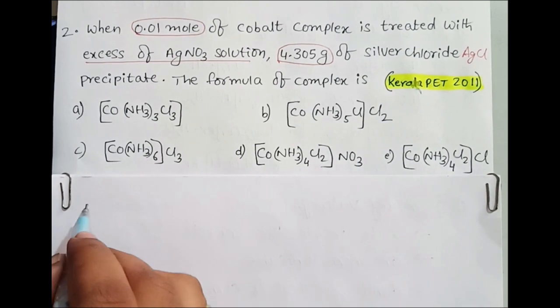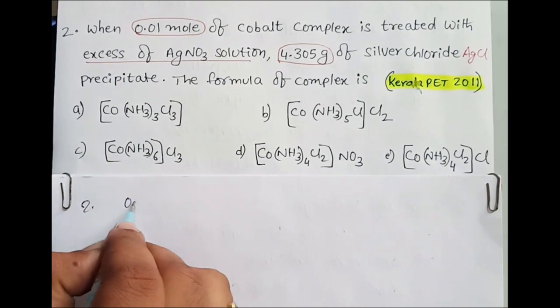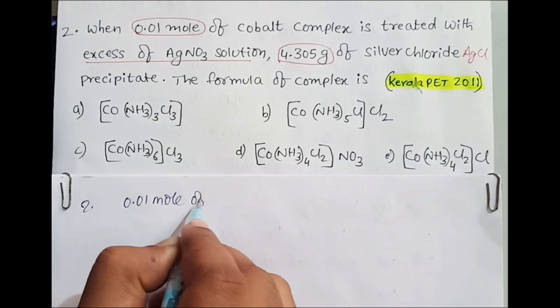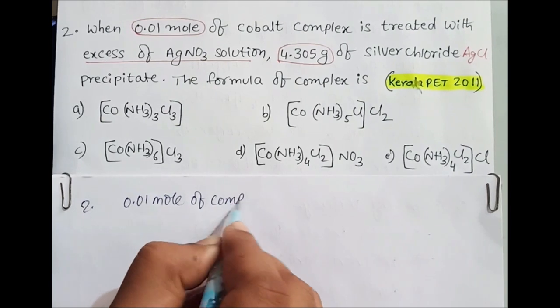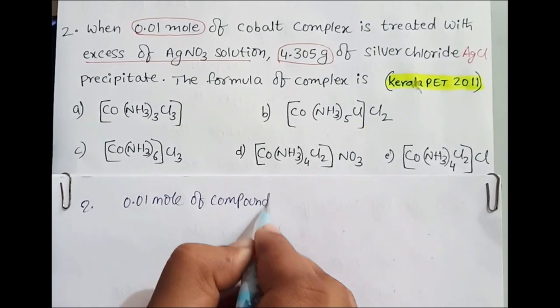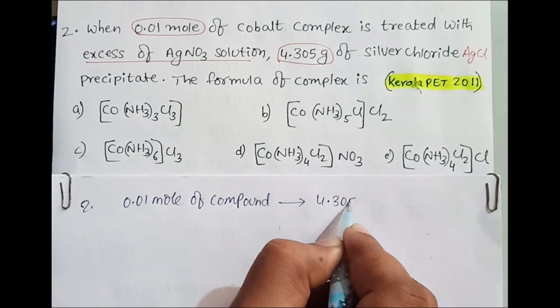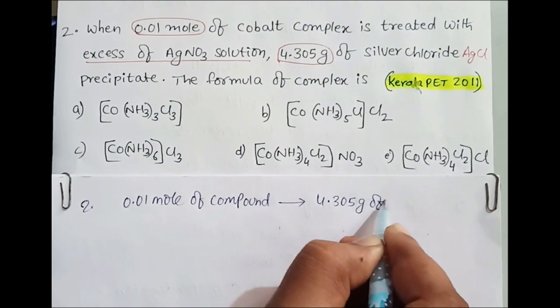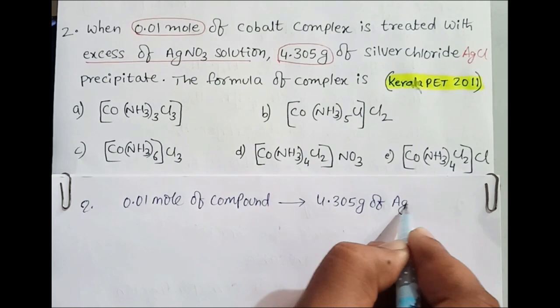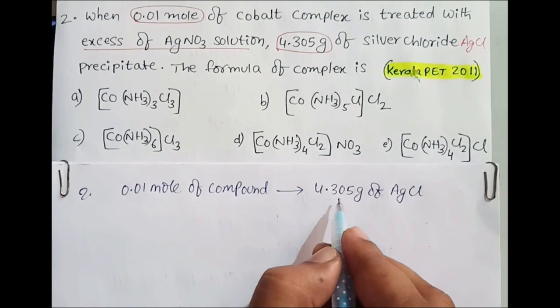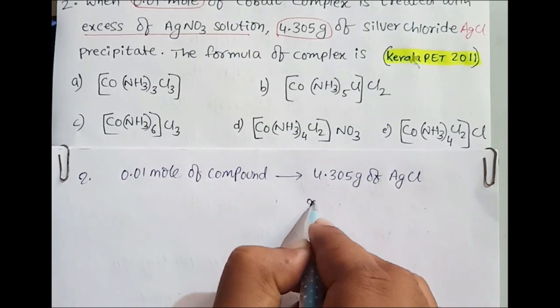See, what is said in this question: 0.01 mole of compound is giving 4.305 gram of silver chloride. Correct? So let us convert this into moles. How can we do it?